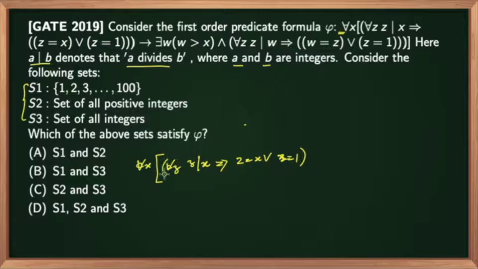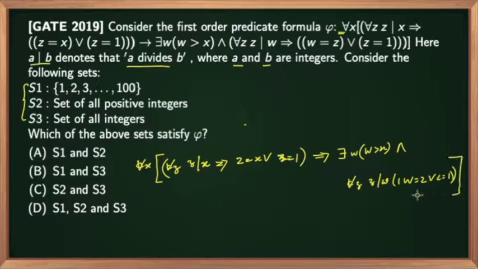So if this is true, then there exists a w greater than x, and for all z, z divides w, that means w is equal to z or z is equal to 1, right? So this is the predicate.